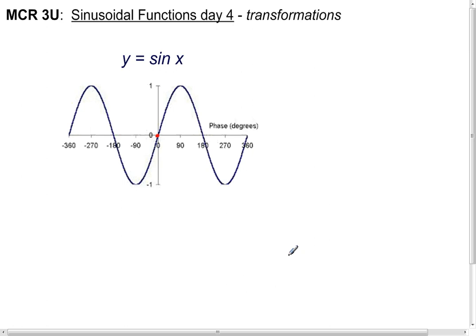So there's things that we need to be able to label for a sine graph. The period of our parent function y equals sine x is 360 degrees. That is the time or the domain that it takes to do one cycle. The maximum value is 1. The minimum value is -1.